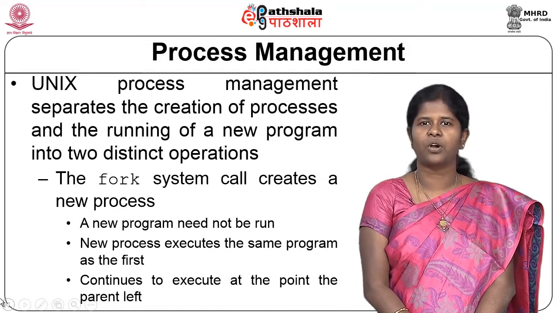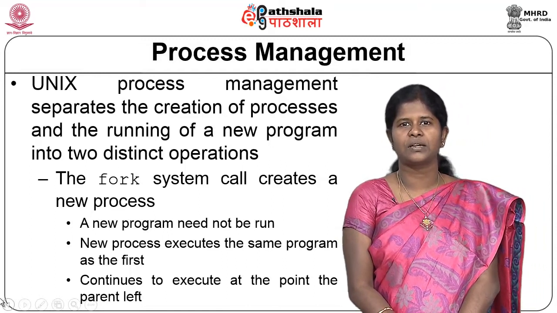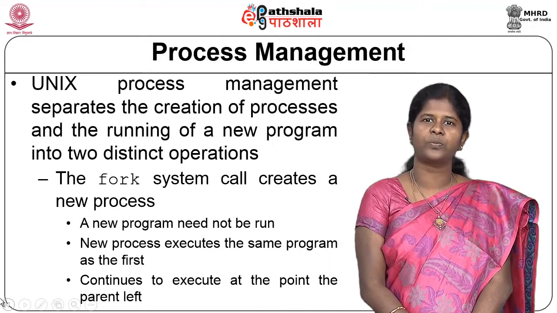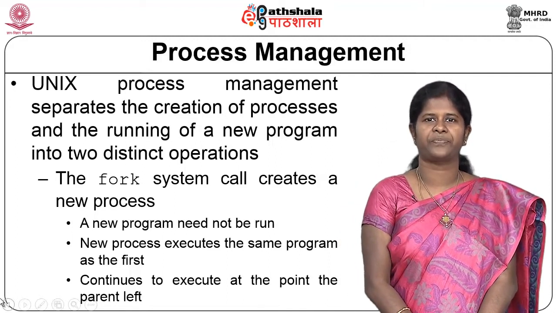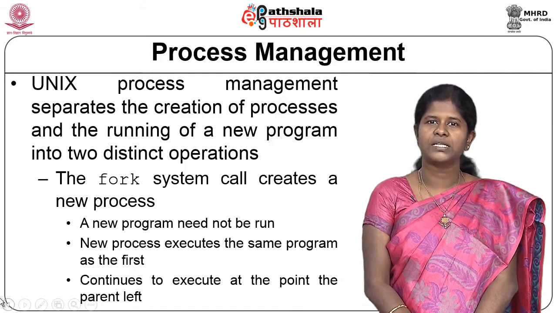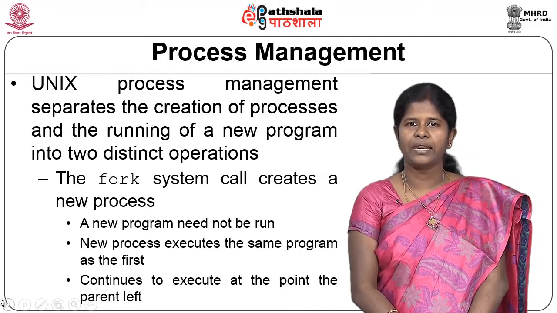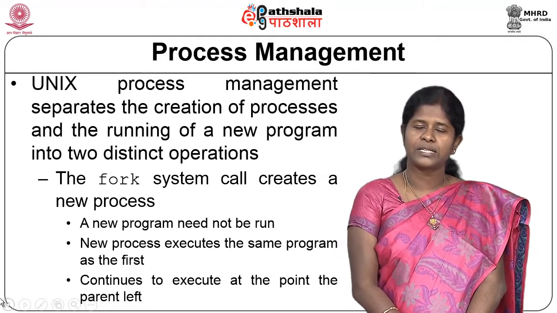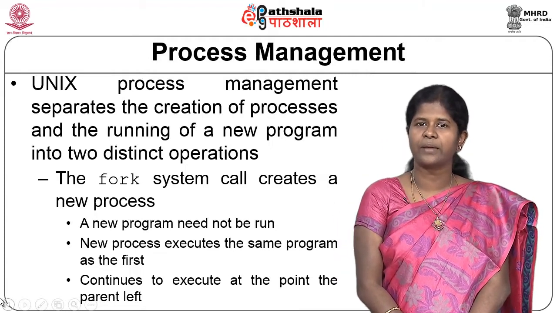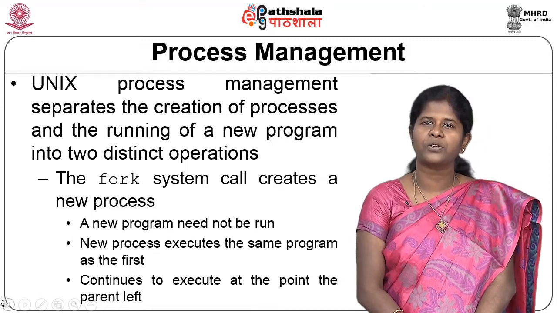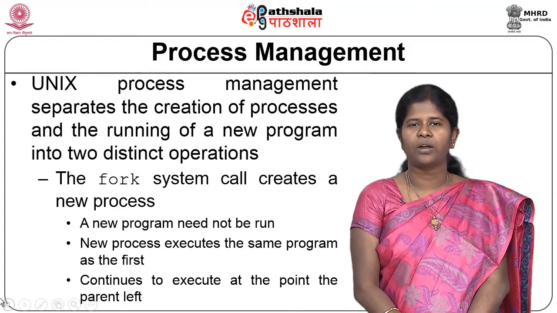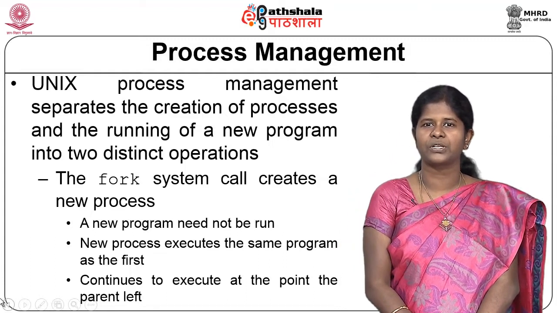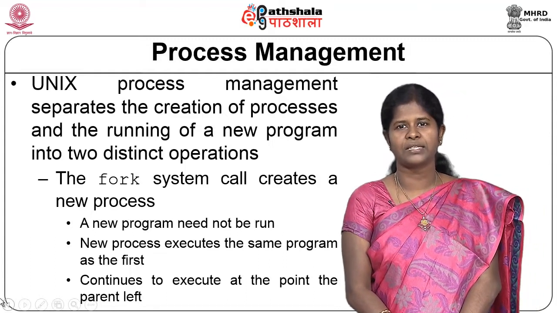The fork system call is used to create a new process, and when this new process is created, it does not mean that this new process should run a new program. The newly created process can continue to execute the same program that the parent process was executing earlier. The process which created this process is called the parent process, and that process would have been running some program earlier.